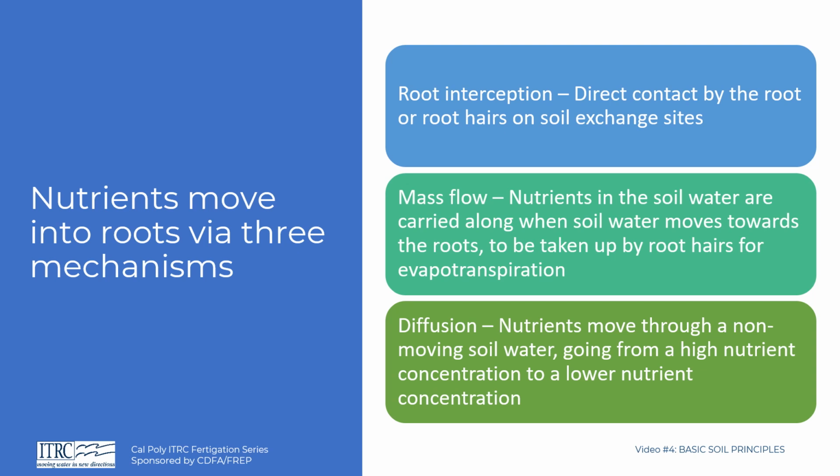You'd have to have an extremely extensive root system that's hitting all these little teeny weeny soil particles. Then there's mass flow, where the nutrients in the soil water solution are carried along when the soil water moves towards the roots, and they're taken up as part of the ET process. And then diffusion. Diffusion is where it goes from a high concentration to a low concentration.